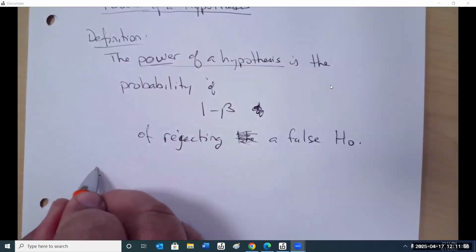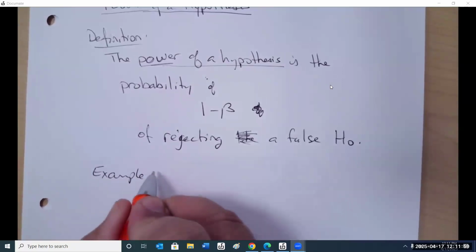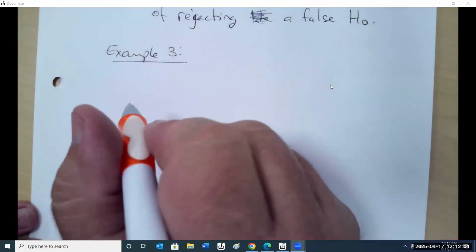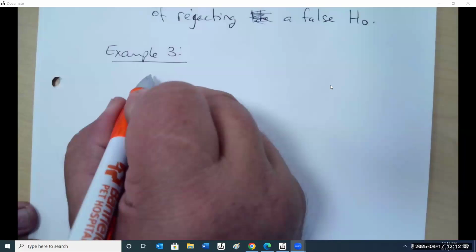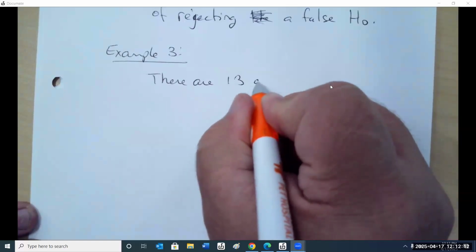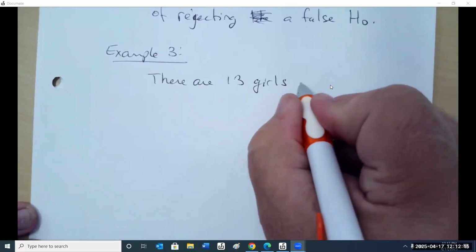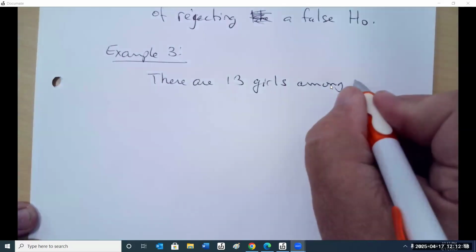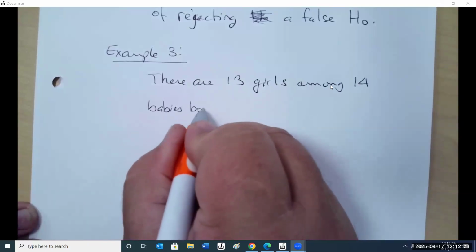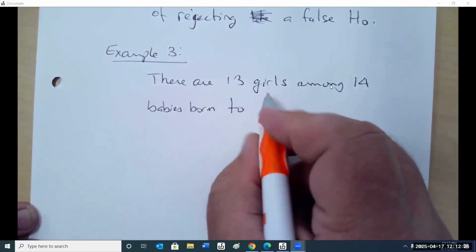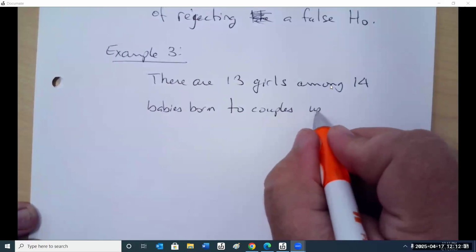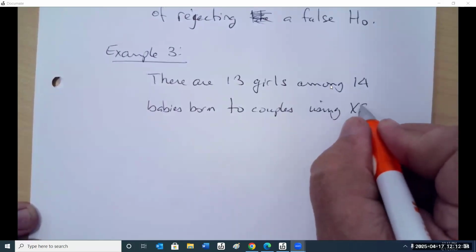So here's an example. Consider the preliminary results that we had earlier. There are 13 girls among 14 babies born to couples using XOR.